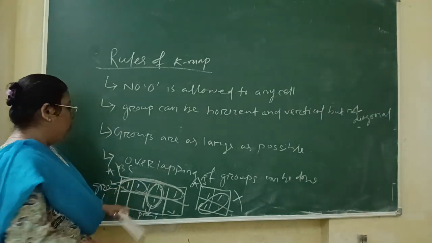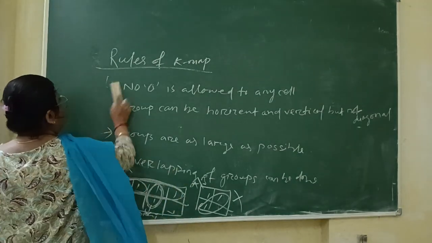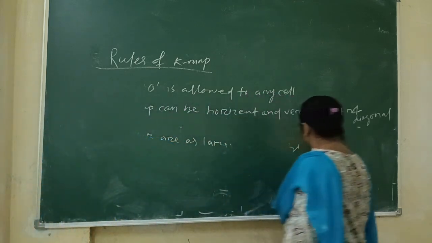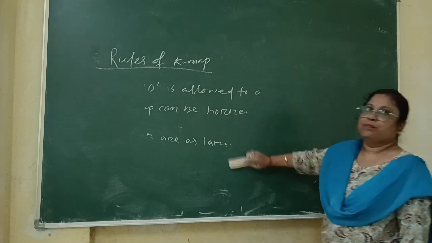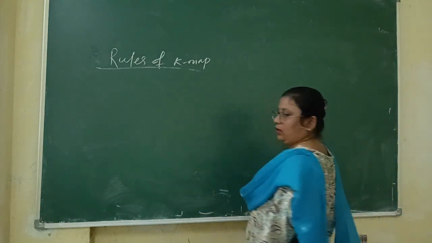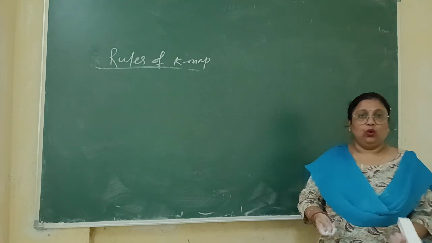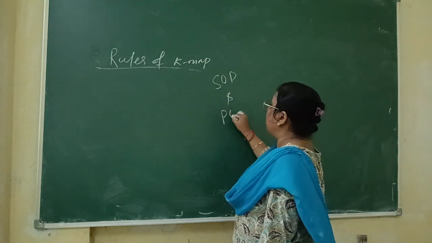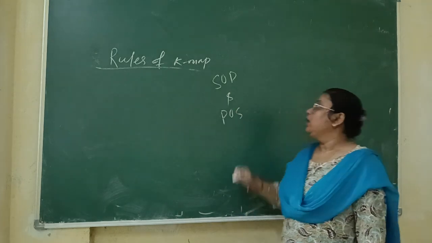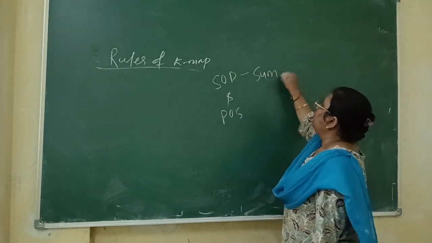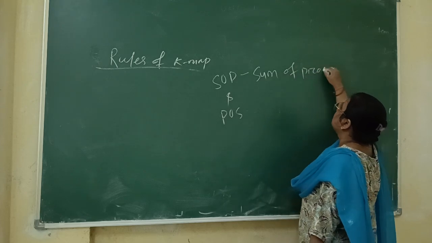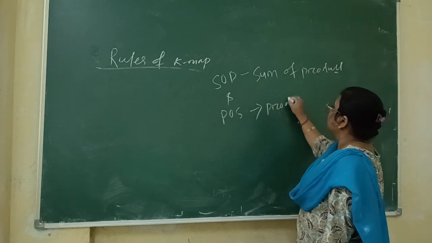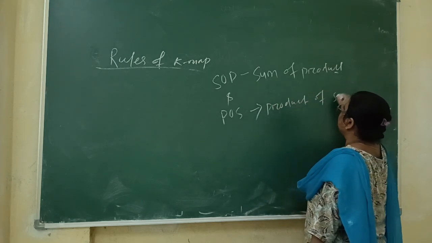So now let's draw the K-map. Before that, we have to know SOP and POS. Already in the previous class, I have discussed SOP and POS. SOP stands for sum of product and POS product of sum.